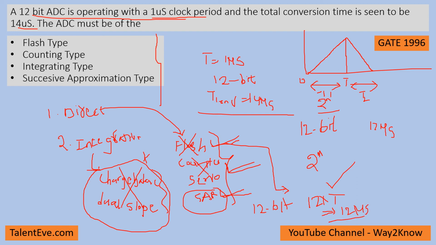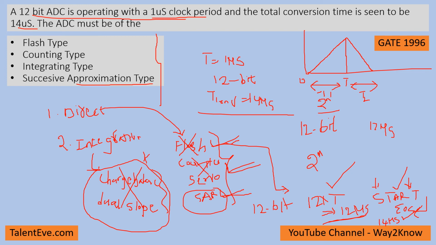And for ADCs, we have start and end of conversion bits. Start indicates the start of the ADC conversion, then the conversion happens, and then end of conversion indicates the end of that conversion. So if this takes 1 clock cycle and that takes 1 clock cycle, the total would be 14 microseconds. So we can say that this is a successive approximation type ADC.